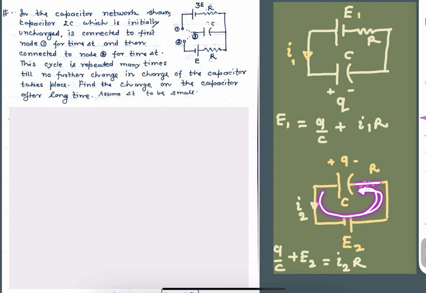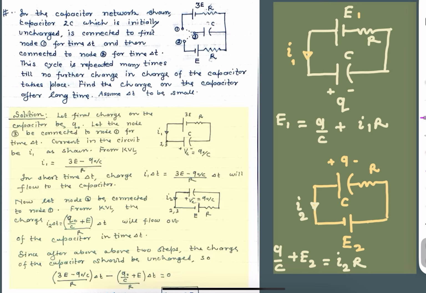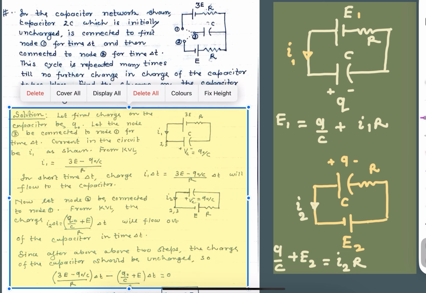Current is like this. So from here to here, we are going to close the cycle, so we will get a drop. So I equated the drop to the gain, right? And these two concepts we are going to use here. Let us see the solution and try to understand it.